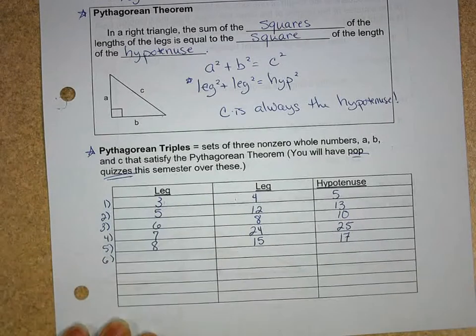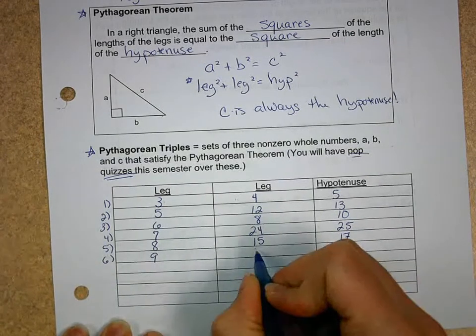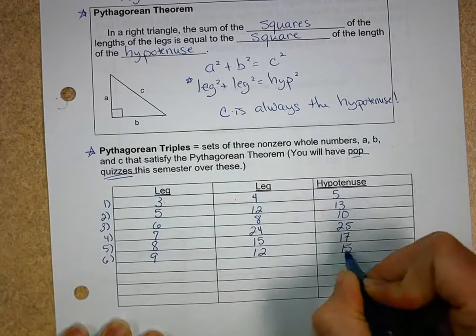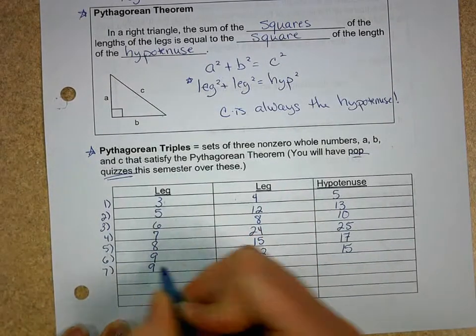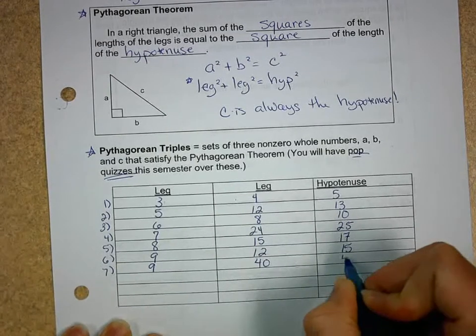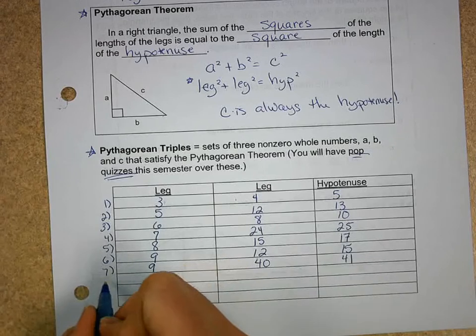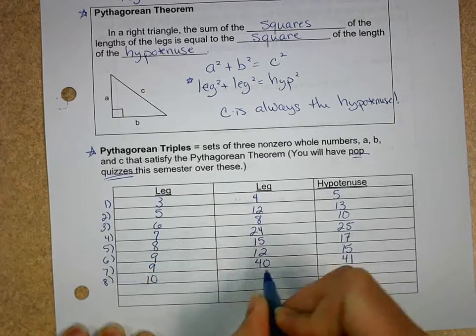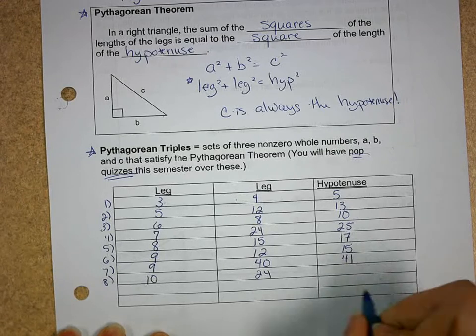The sixth set of numbers that you have to know, and you're not going to have to memorize them in order, you just have to recognize them together, is 9, 12, 15. The seventh one is 9, 40, 41. This is one of those where the smallest leg actually has two different groups it goes with. Then you have 10, 24, 26.